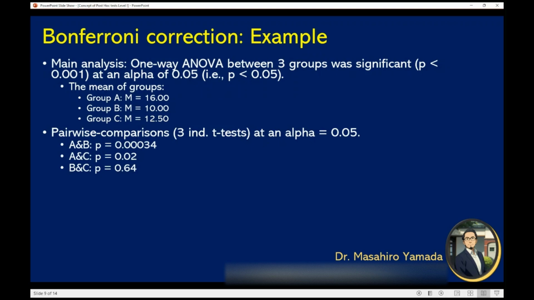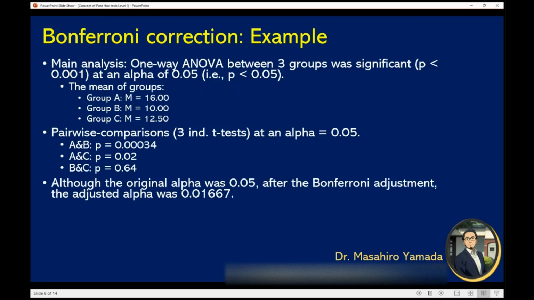After you run the multiple independent t-tests, the p-value you obtained from each t-test was these numbers. Although you originally set the alpha as 0.05, after the correction it was 0.01667.